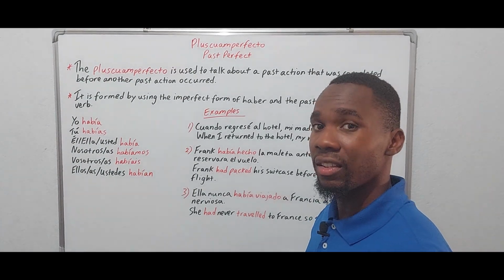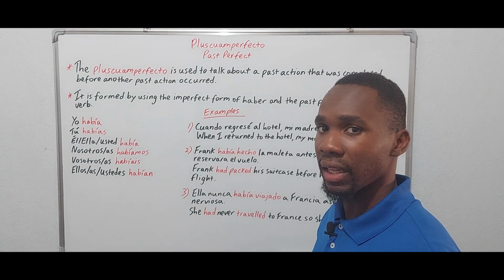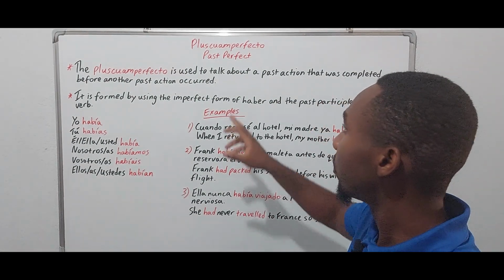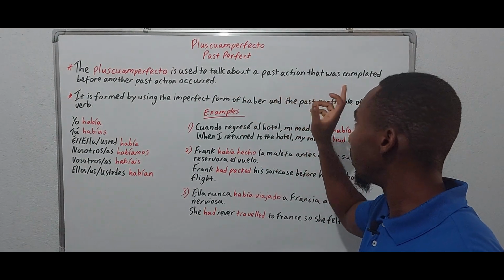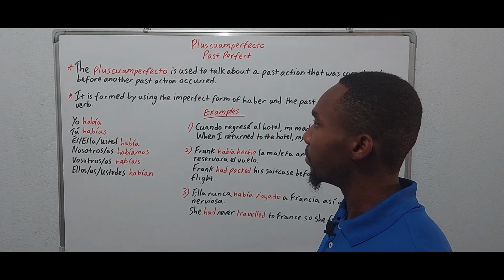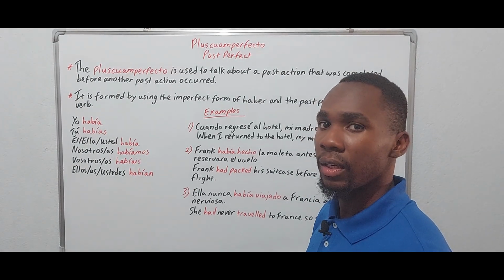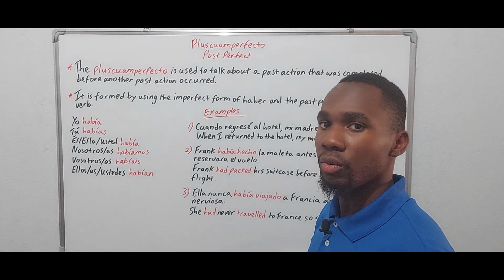Now, this is a very simple tense because it is used for one purpose, and that one purpose is to talk about a past action that was completed before another past action occurred. That is exactly what it is used for.